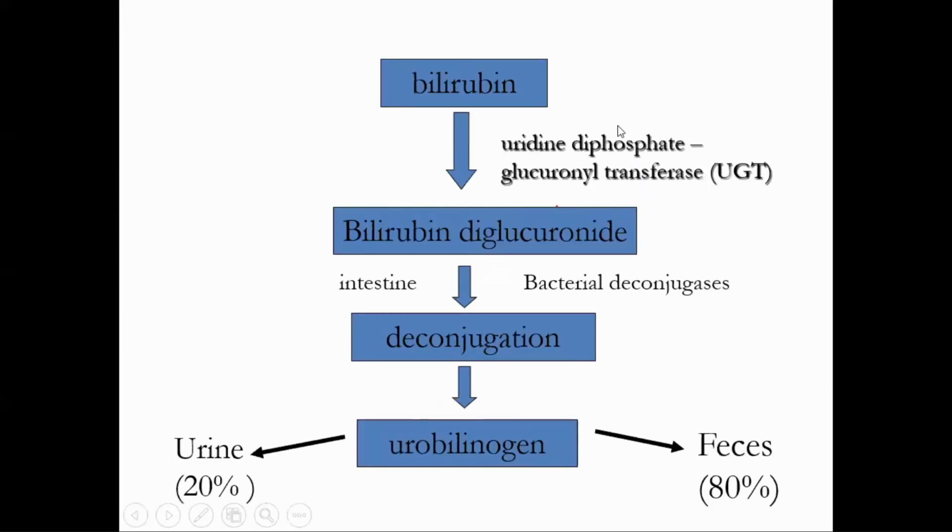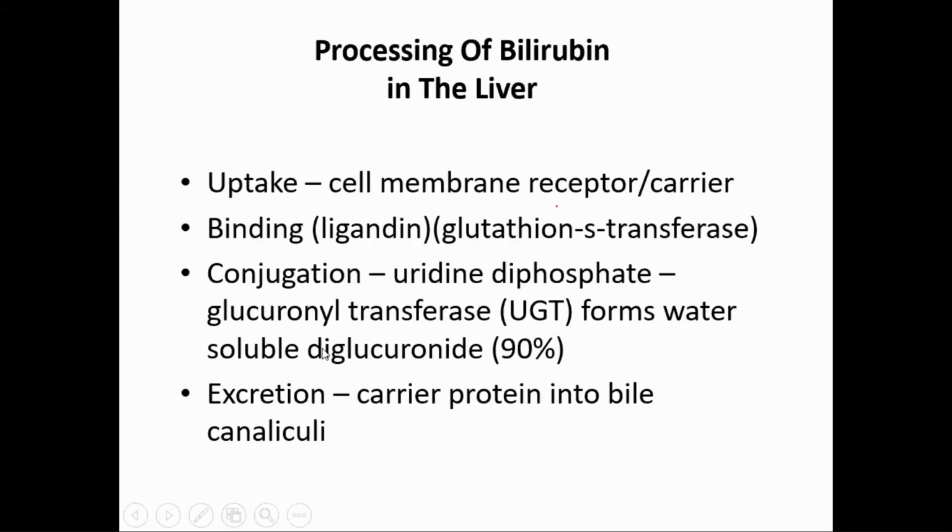So in the liver cell, one or two molecules of glucuronic acid combine with bilirubin, and this transferase helps in the formation of the diglucuronide.